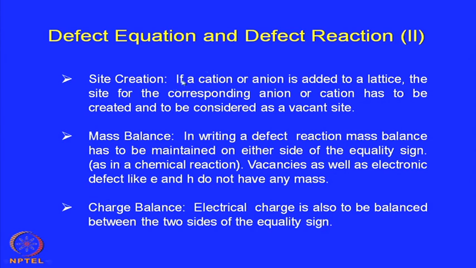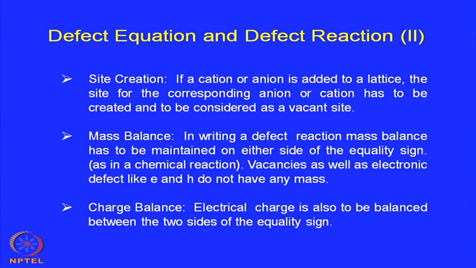Mass balance: just like in a chemical equation, mass balance also has to be maintained. In writing a defect reaction, mass balance has to be maintained on either side of the equality sign, as in a chemical reaction. Vacancies as well as electronic defects like electron and hole do not have any mass.